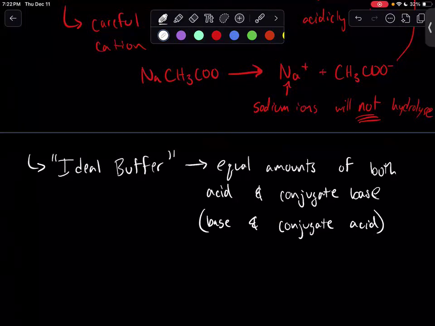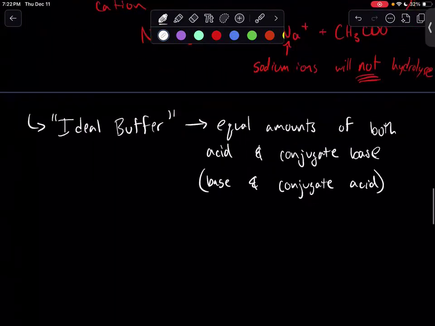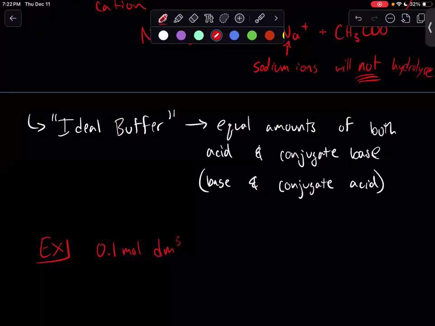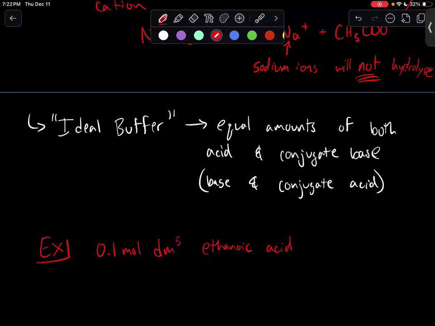So we can just add two solutions together. We could add, for example, going back to our ethanoic one, 0.1 mole per decimeter cubed of ethanoic acid, and maybe we'll do like 10 mils.